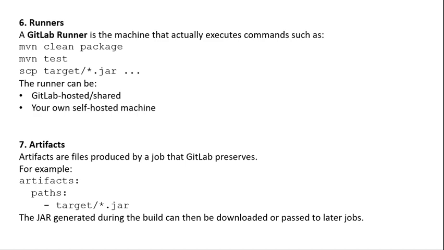Artifacts are files produced by a job that GitLab preserves. For example, artifacts: paths: - target/*.jar. The jar generated during build can then be downloaded or passed to later jobs.